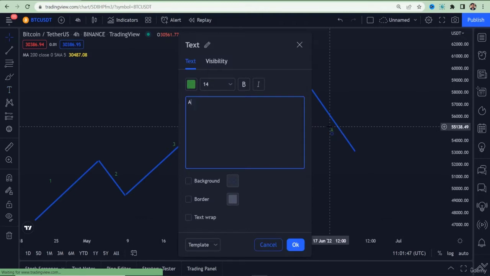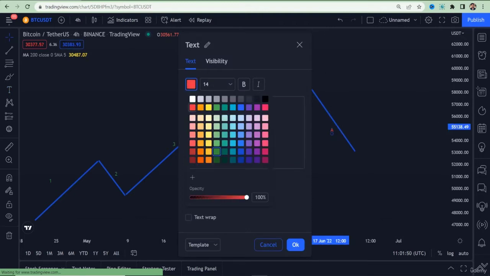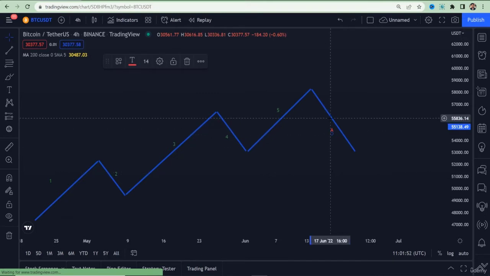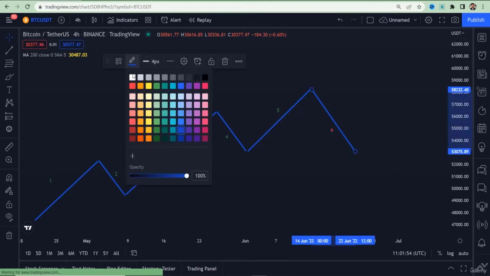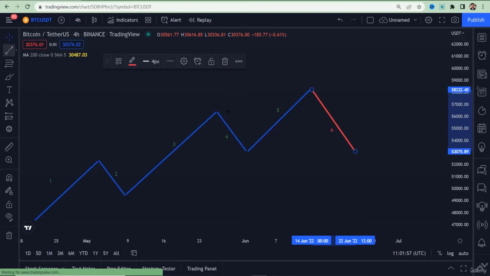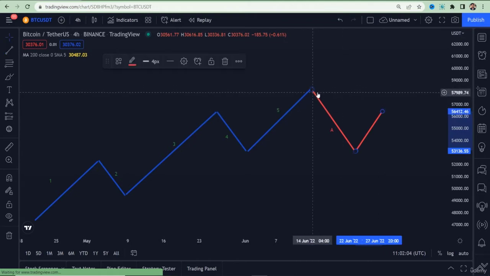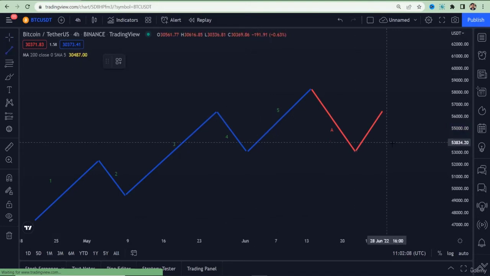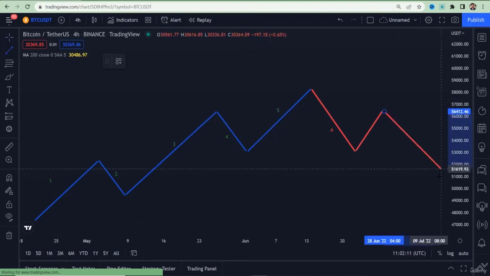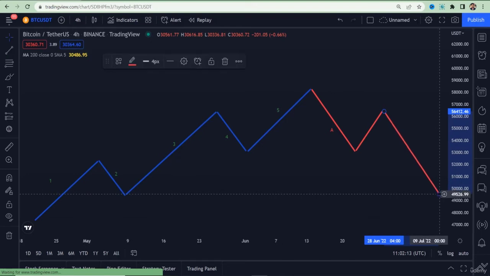We call it A. Since it's a correction, I'm gonna make it red. Then it's B. The B wave should not exceed this point, the channel. And then there will be the last corrective wave, the C wave. It can go anywhere, but there are some things that I will tell you about that.